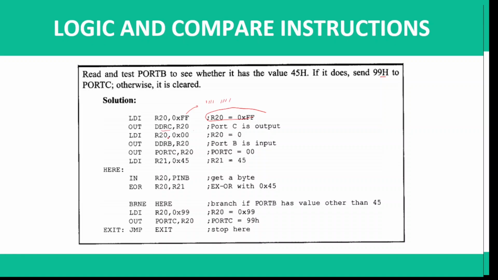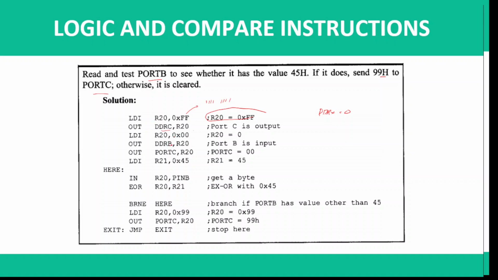And we also have port B as an input, because port C is an output and port B is an input. To set port B as an input, we know that DDRx must be equal to 0. To do that, we need to have a value of 0 loaded to R20, and this 0 shall be put in DDRB.